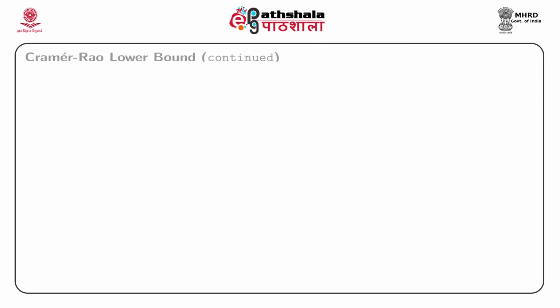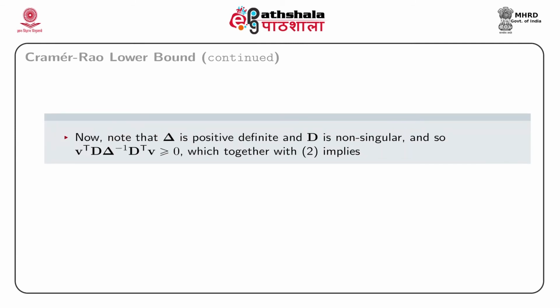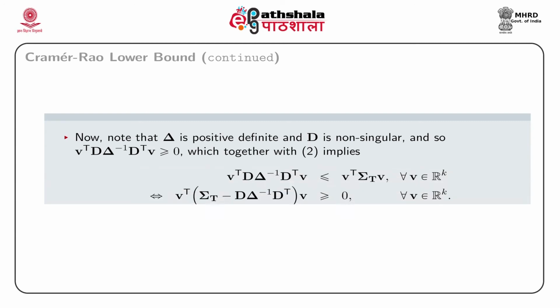However, since Δ is positive definite and D is non-singular, we have v' D Δ inverse D' v greater than or equal to 0, and from 2 we get v' D Δ inverse D' v is less than or equal to v' Σ_T v.